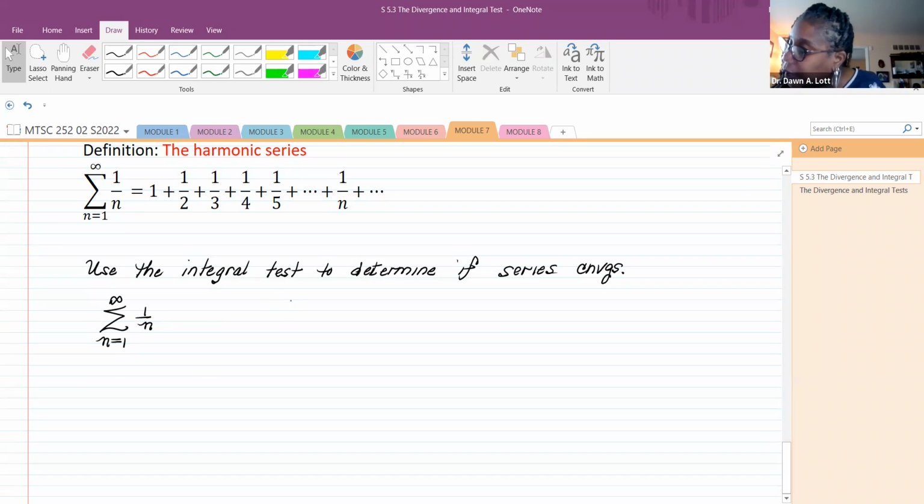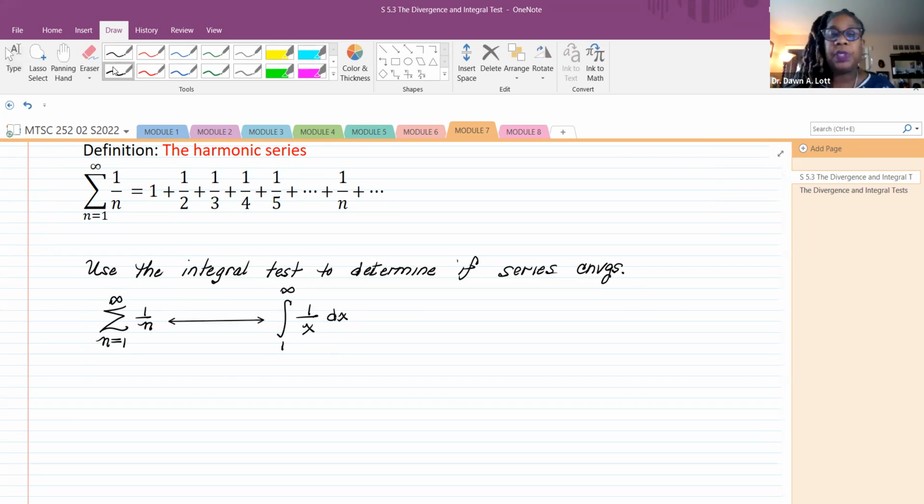So our f of x is going to be 1 over x dx. And there is a beautiful relationship between these two. The relationship says if the integral converges, then the series converges. If the integral diverges, then the series diverges.